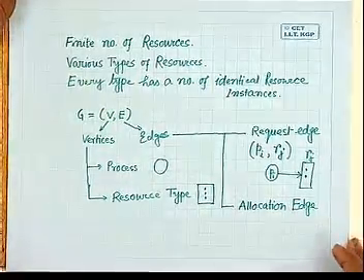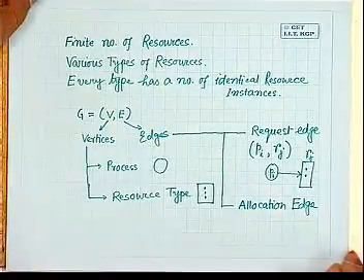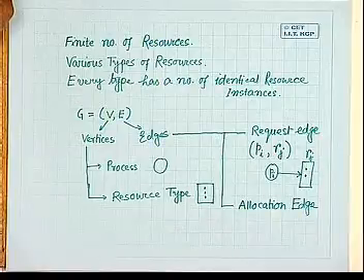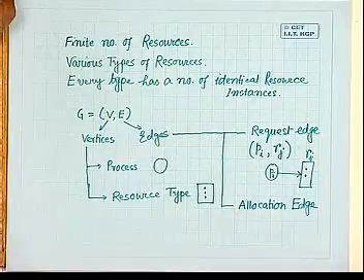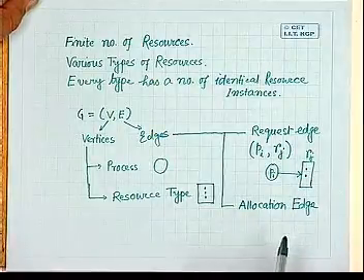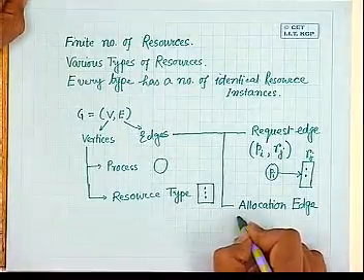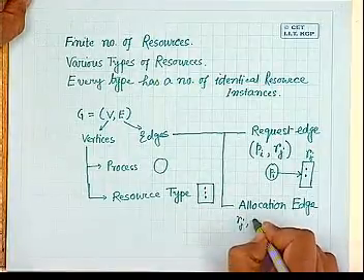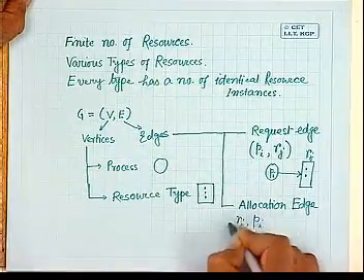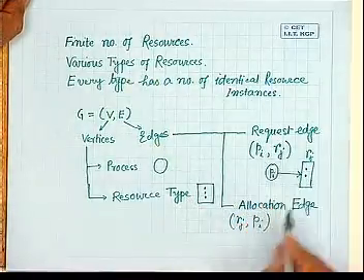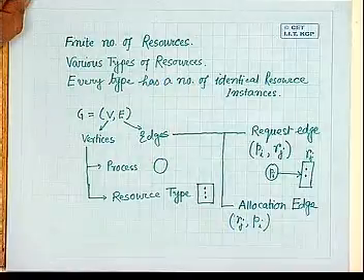Obviously, since an allocation edge represents an instance of a resource type allocated to the requesting process, the direction of this arrow will be different. An allocation edge will be represented by an edge from resource type Rj to the requesting process Pi. So, in this case it is Pi to Rj, in this case it is Rj to Pi.